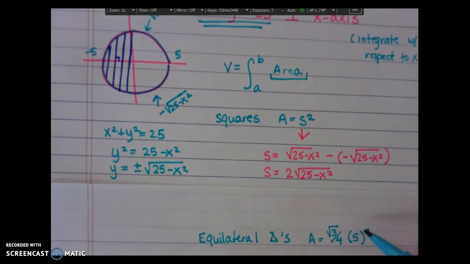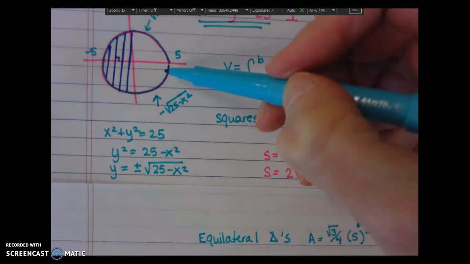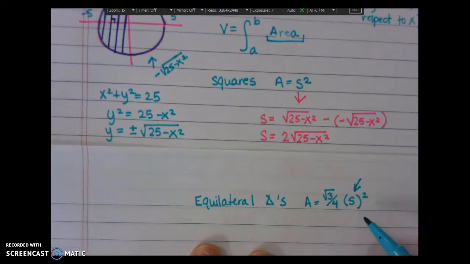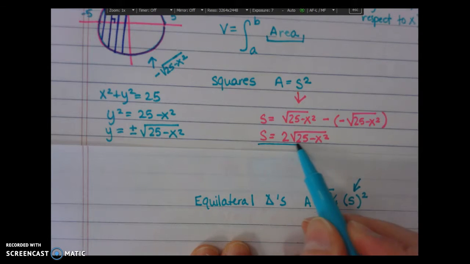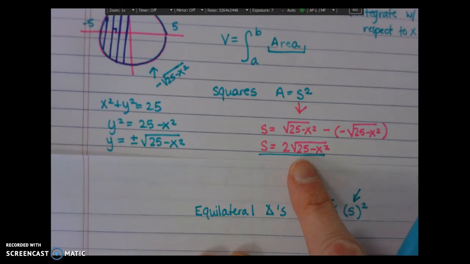What created the side length of that? That was your top curve minus your bottom curve. So regardless of the fact that I now have a new figure, what is the same is this value of s happens to be the same. So that length, or that width of my base of my equilateral triangle, is the same that it would be for the square.